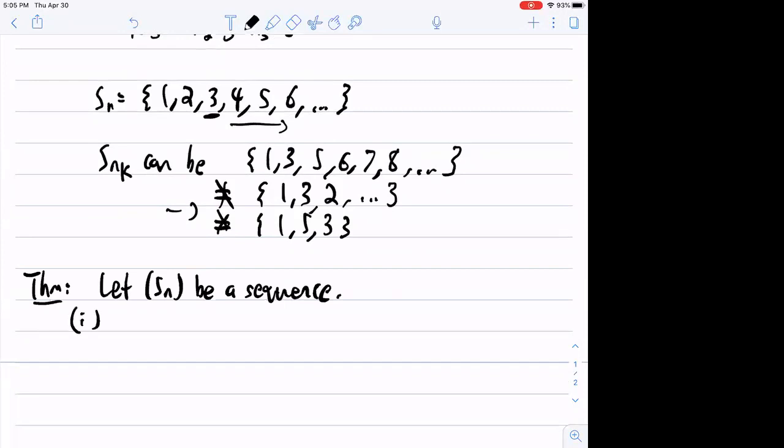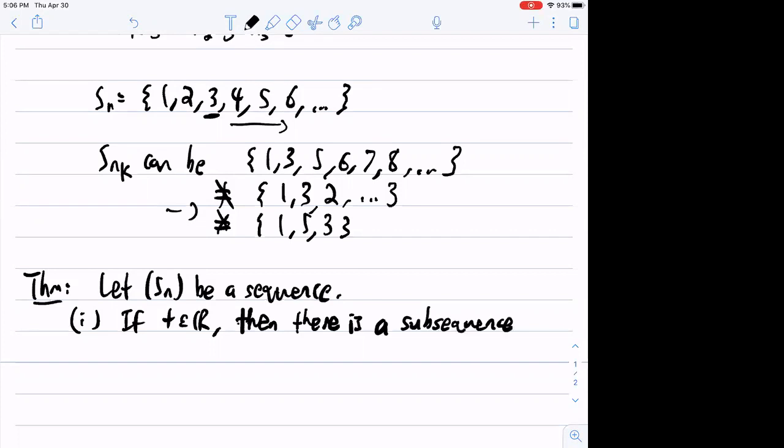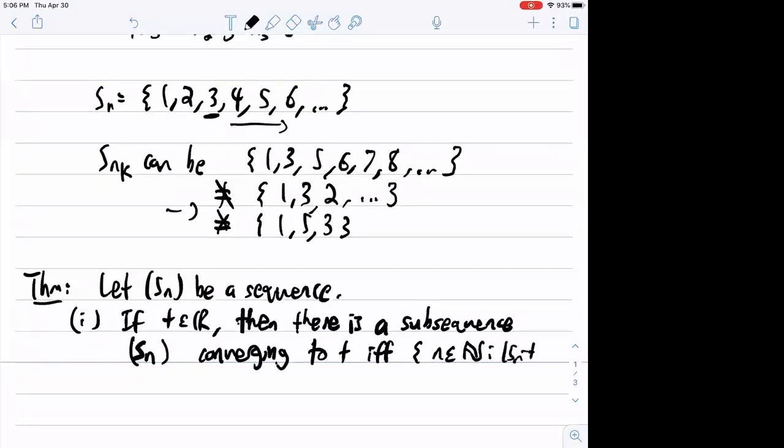Then if t is in R, so t is a real number, there is a subsequence S_{n_k} converging to t if and only if this set is infinite for all epsilon bigger than 0.